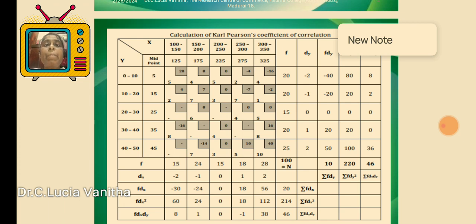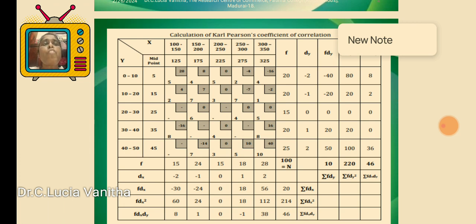The midpoint is lower limit plus upper limit divided by 2. Here for y, 0 plus 10 divided by 2 is 5. 10 plus 20 divided by 2 is 15. 20 plus 30 divided by 2 is 25. 30 plus 40 divided by 2 is 35. 40 plus 50 divided by 2 is 45.